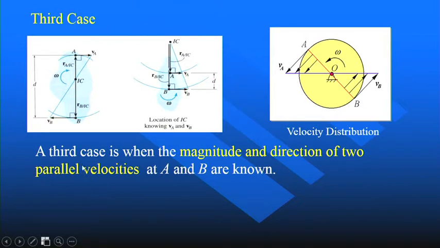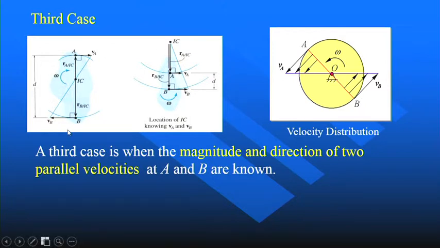So in this case, we compare this diagram with the velocity distribution, that's the right diagram. From the right diagram, we can see if two velocities are parallel, they should belong to the same diameter, right?